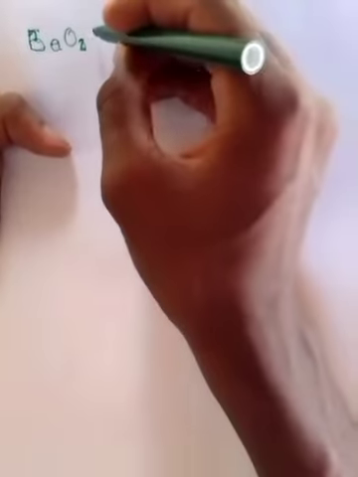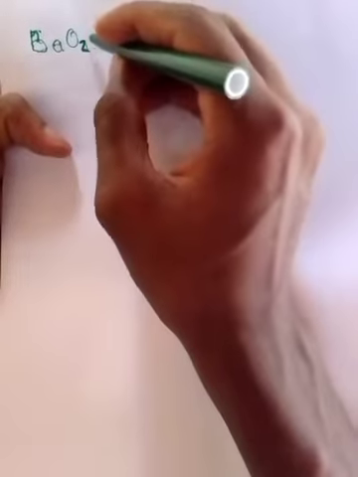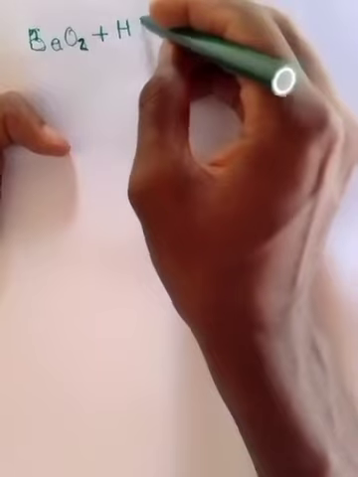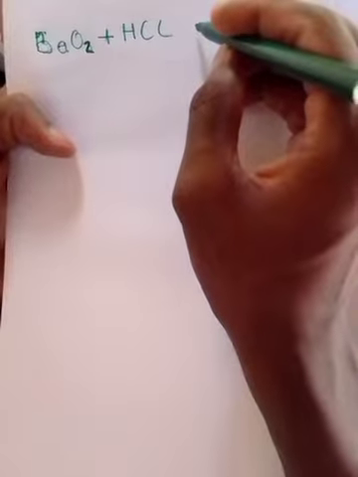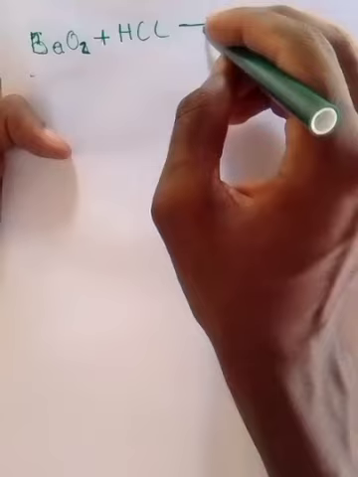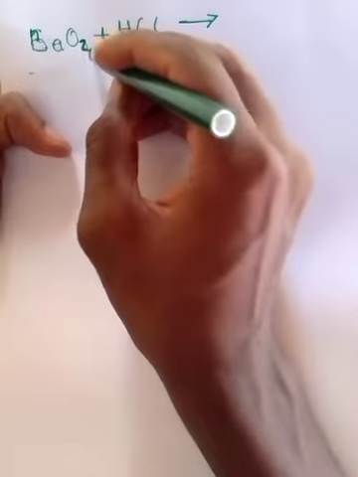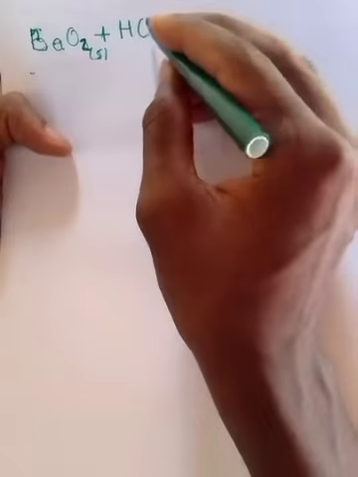Okay, hydrochloric acid, that is going to be plus HCl to give hydrogen peroxide. Now they have said that to give, so meaning that these two reacted to give these two, and actually this one here, it is solid because of the presence of barium, and this one here, it will be an aqueous. The state symbols are very important, they also carry some marks.